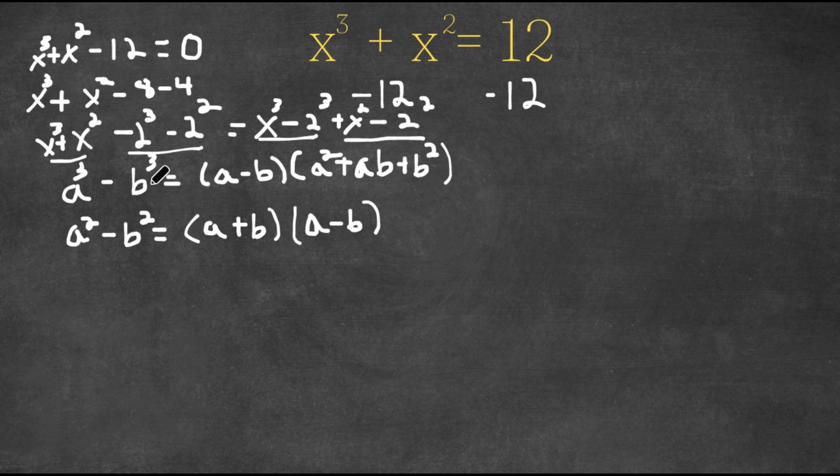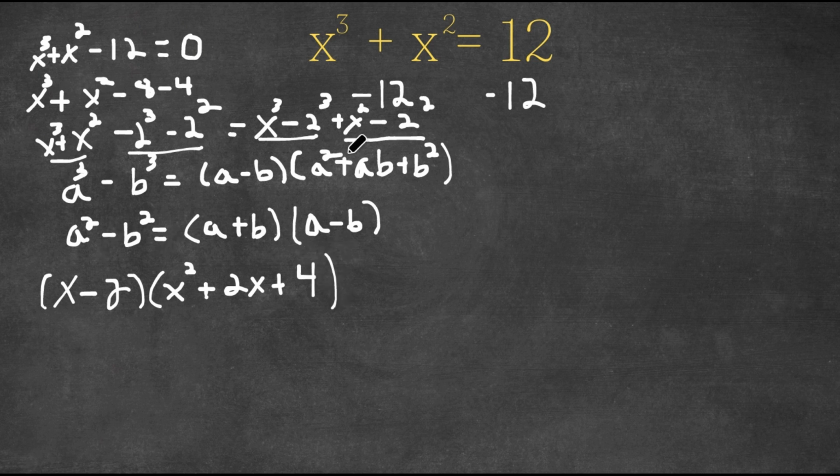So now let's first do a to the power of 3 minus b to the power of 3. We have x to the power of 3 minus 2 to the power of 3. Well, a is x, right? So we have x minus b, which is 2, so we have x minus 2 times x squared plus 2x plus 2 squared, which is 4.